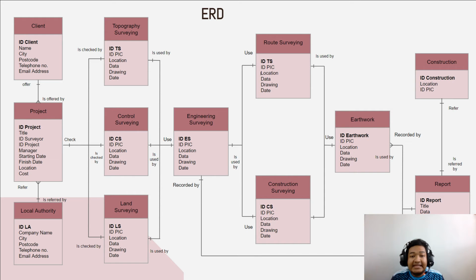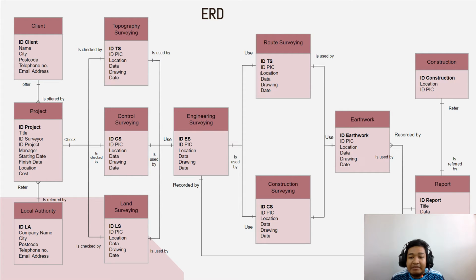Next, the third criterion is relationship between entities. The type of relationship will be presented by the line between the entities. The best way to describe this criterion is based on an example. The easiest example in our ERD project is the relationship between client and project. As you can see, we need to think logically how many projects can be offered by a client.